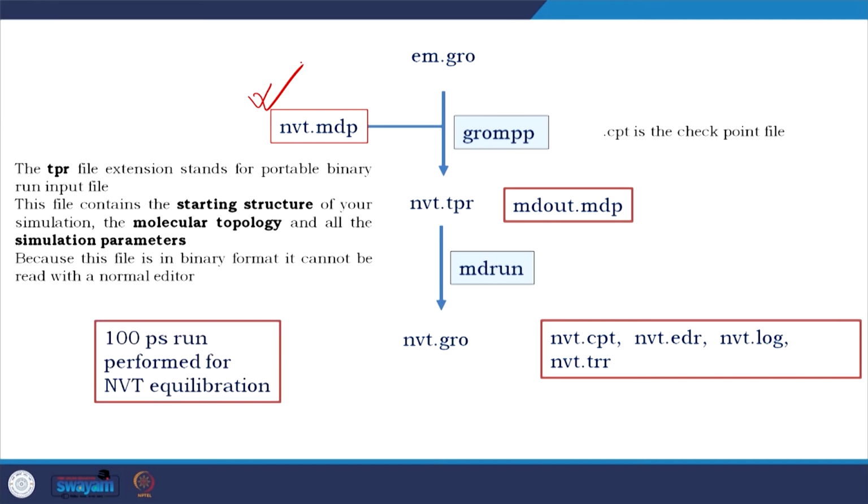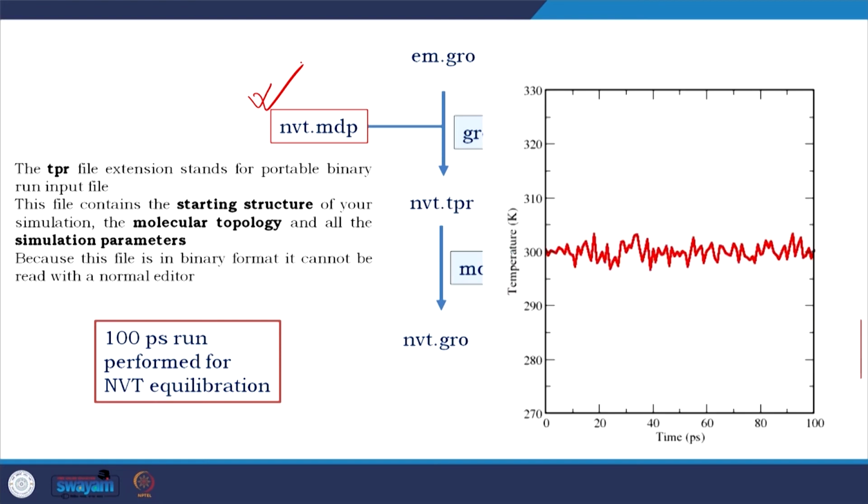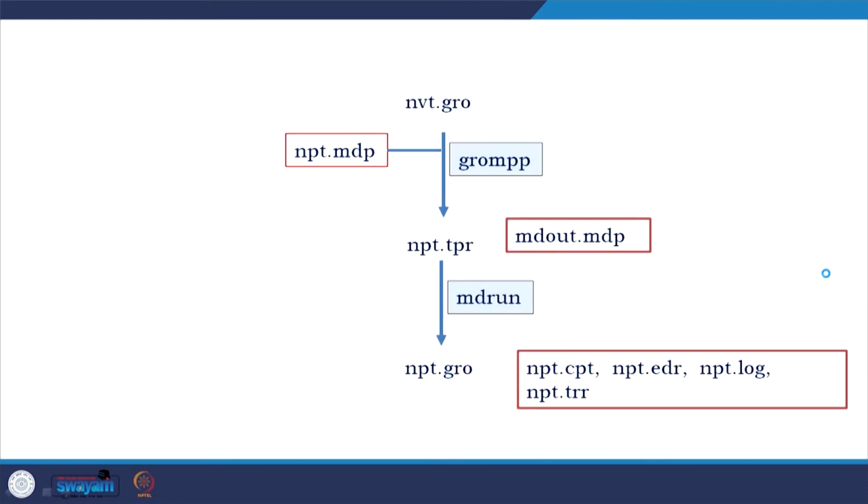You have performed a 100 picosecond run for NVT equilibration, as I told, and this is what you get after NVT, showing how equilibrated this is. This is a plot between temperature and time. Now you come here with nvt.gro, and again you do the same thing with npt.mdp because you are going to do equilibration with NPT conditions.